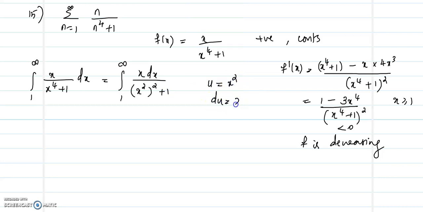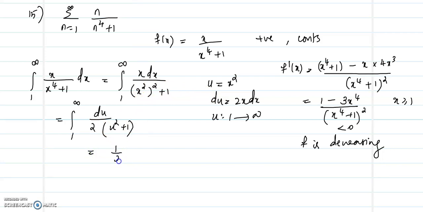So du will be 2x dx, and u will vary again from 1 to infinity. So we will get the integral from 1 to infinity, where x dx will be du by 2, and we replace x square by u, so we will get u square plus 1, with a factor of 1 by 2. So the integral will be tan inverse of u from 1 to infinity.